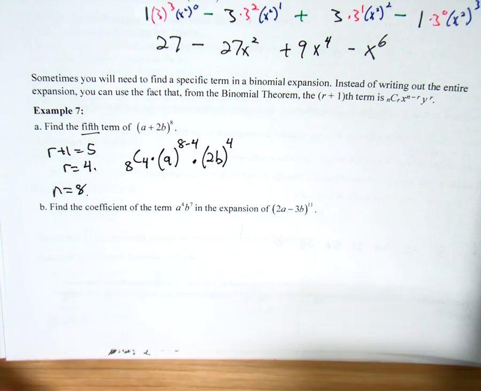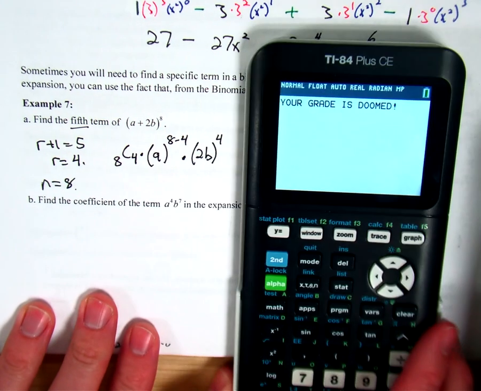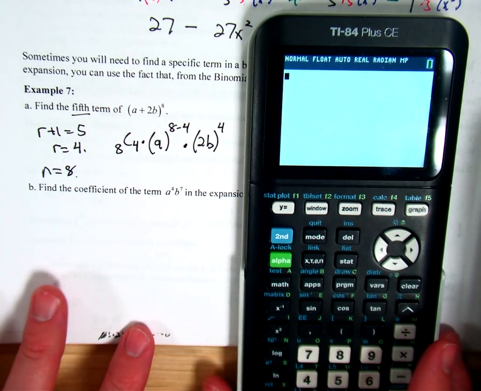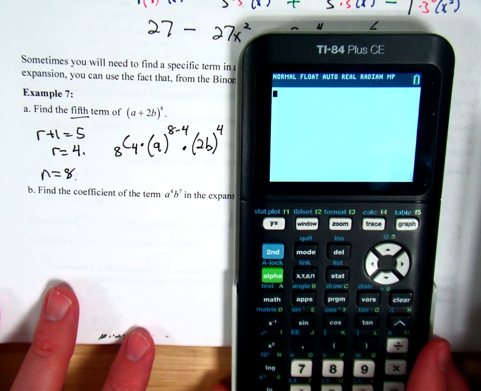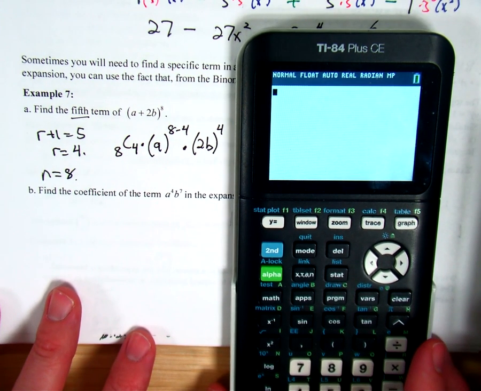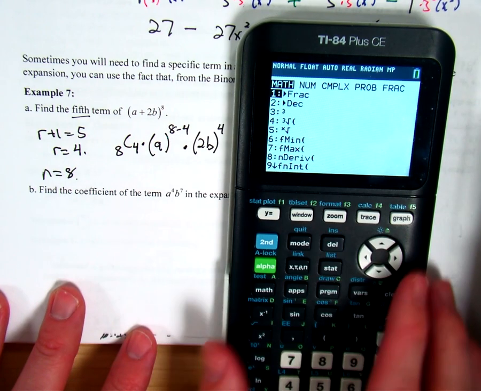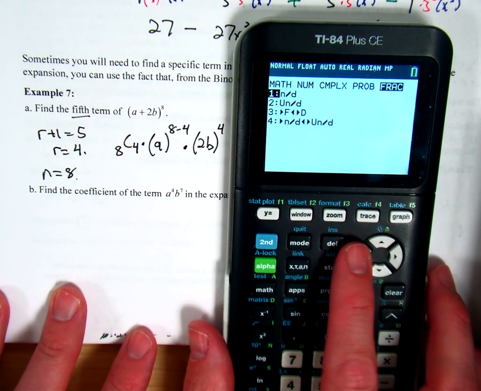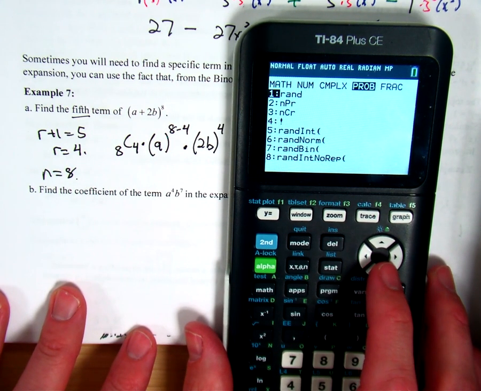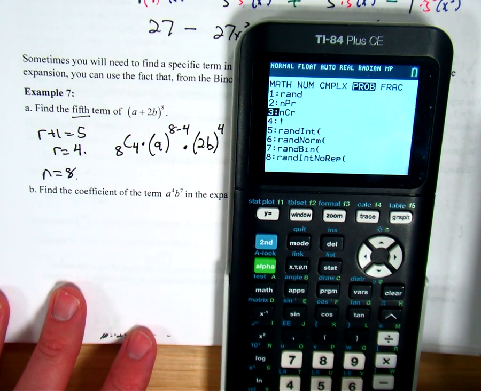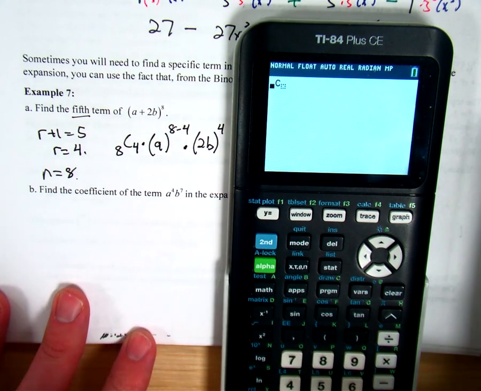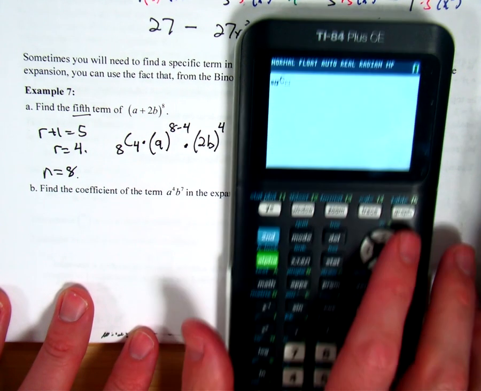Okay? On your calculator, nice message there. Your grade is doomed. We're going to go math, probability, and we want nCr, and when it gets the little things to fill in, we're going to go 8 and 4.